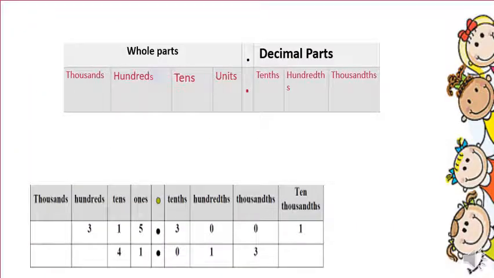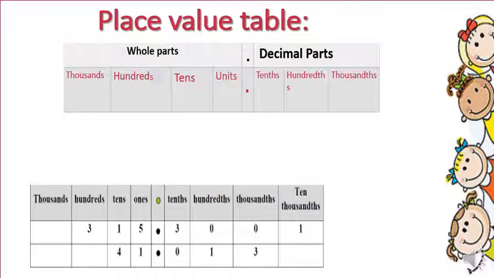Okay, now we want to learn how to write a decimal number in a place value chart. We want to place it in a correct way. Look at the place value chart. A place value chart consists of a whole part and a decimal part, which are separated by a decimal point. Look, this is the decimal point.